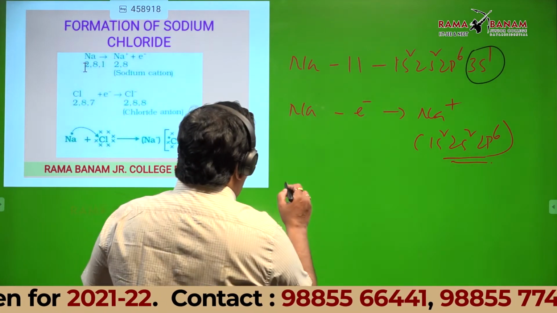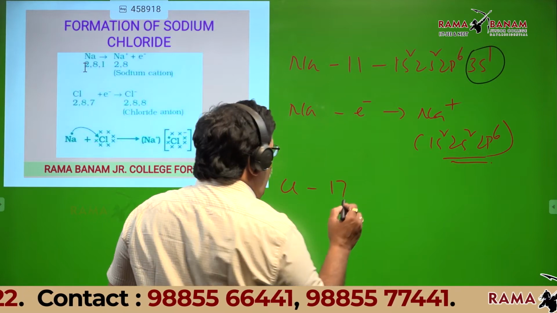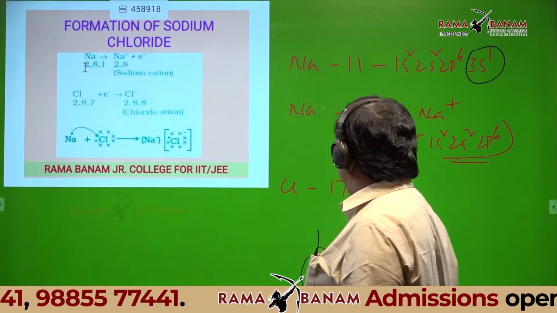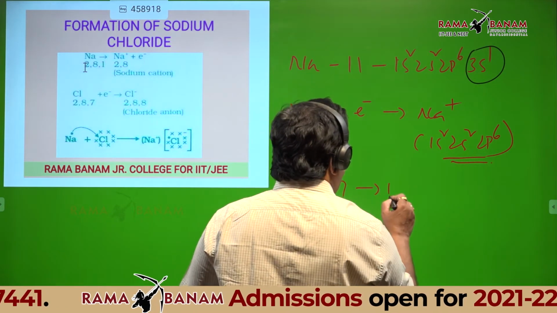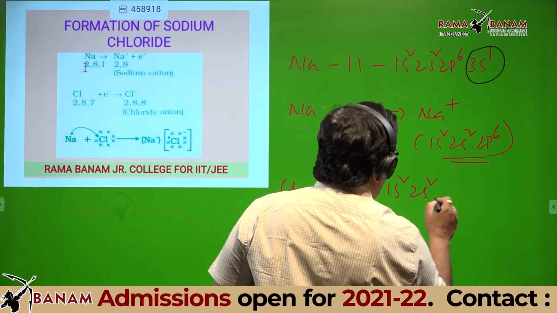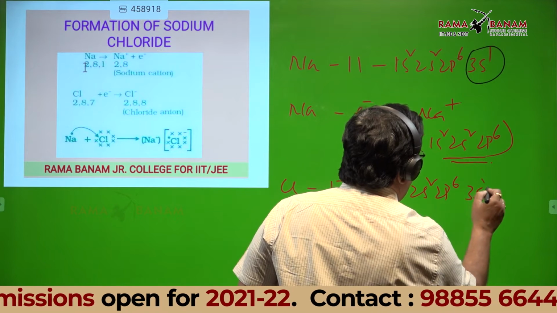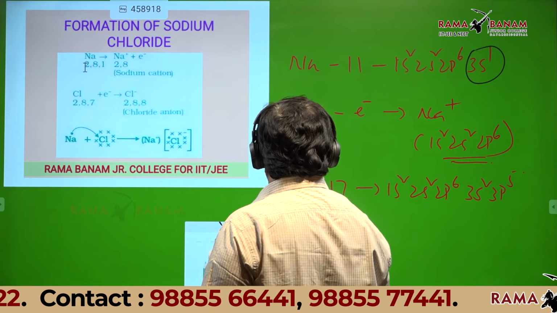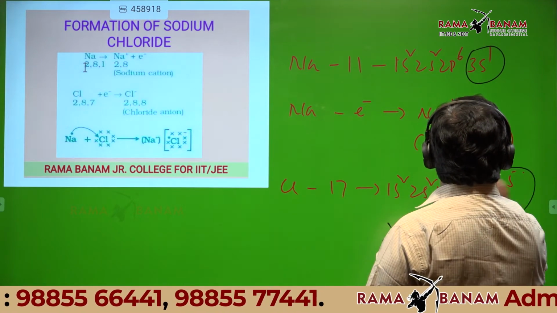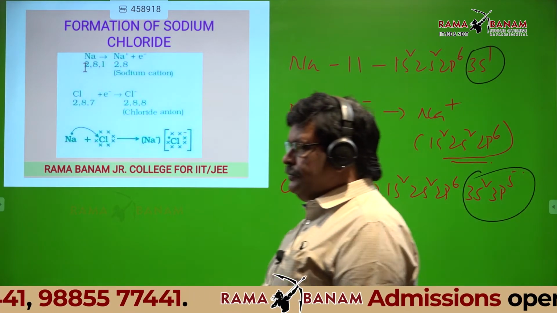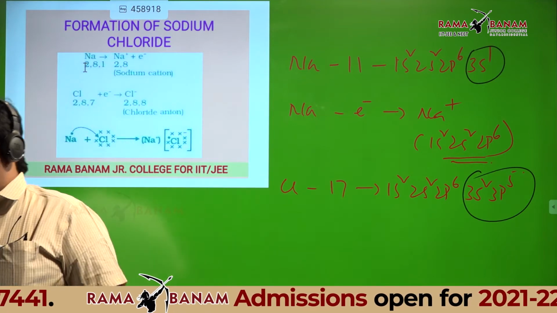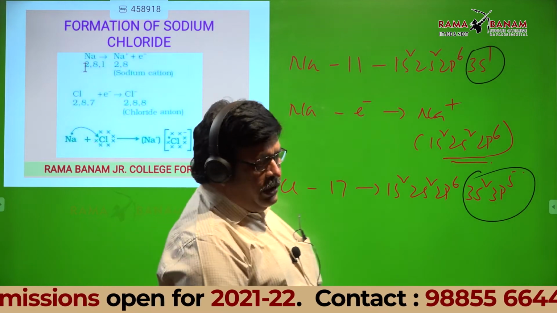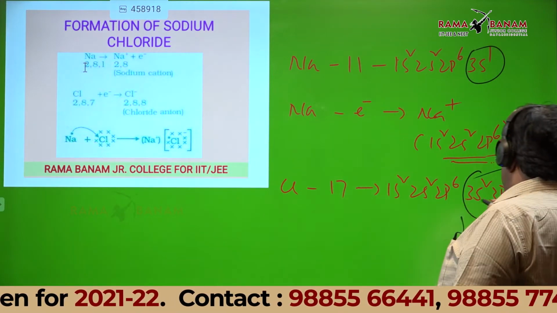Now coming to chlorine, you all know the atomic number of chlorine is 17 and its configuration is 1s2, 2s2, 2p6, 3s2, 3p5. See, how many electrons are there in the valency shell of chlorine? Valency shell means you should count all the electrons in the subshells also.